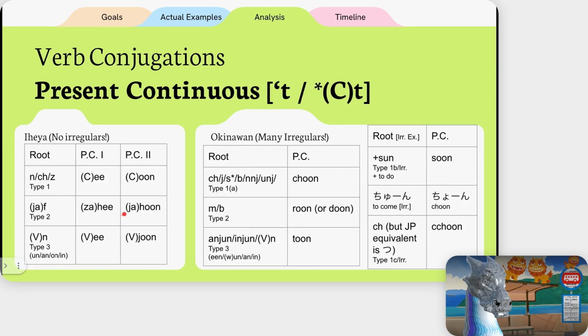Okay, so that's an example of type two, probably just the word to do. You have fung, which means to do in the Iheya dialect, but it becomes he atong or hon. Both are acceptable.